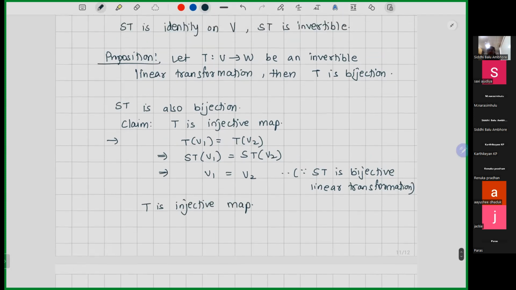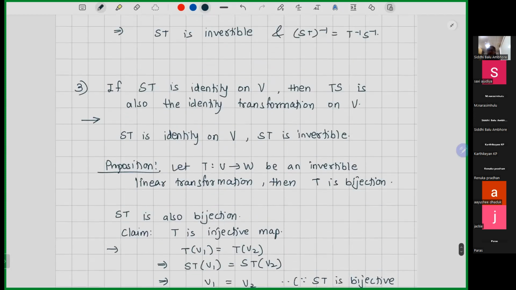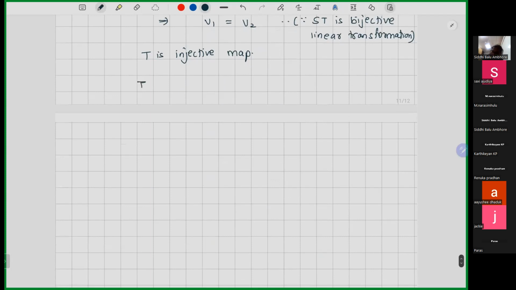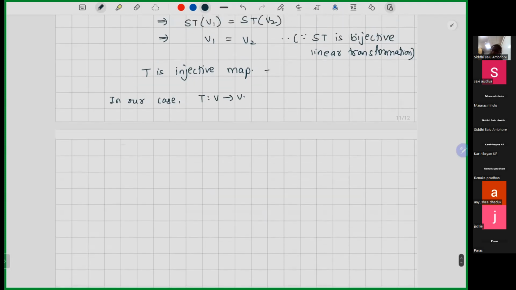But note that in our case, T is from V to V, right? And since T is an injective map, this implies that the null space of T is 0, so the nullity of T is 0. This is the zero set, and this is the number 0.